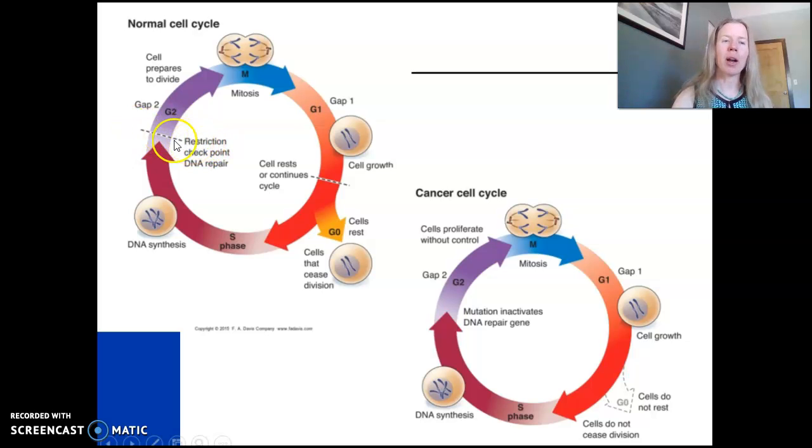There's another checkpoint that happens in G2, right before the cell would undergo mitosis, and this is a place to actually check the DNA and make repairs. So failure of those checkpoints to be effective could in fact lead to cancer, and that's what we see over here, cells not entering that G0 phase, and then also places where that mutation might actually interrupt the ability to repair the defective gene.